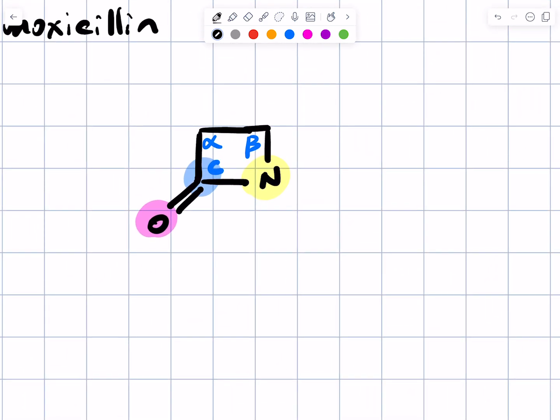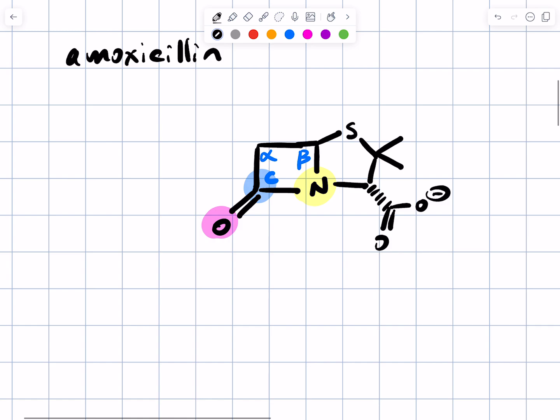Let's fill in some of the other details for amoxicillin. There's a sulfur here. There's a 5-membered ring here that connects to the nitrogen. 2 methyl groups there because why not? And here is a carboxylate group. We won't worry about how beta-lactams are synthesized. They come from amino acids, but that is a story for another day.